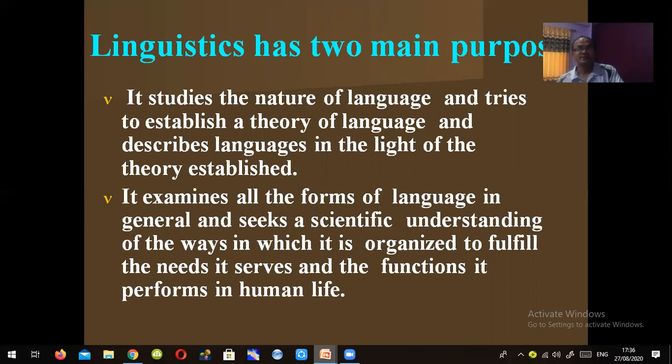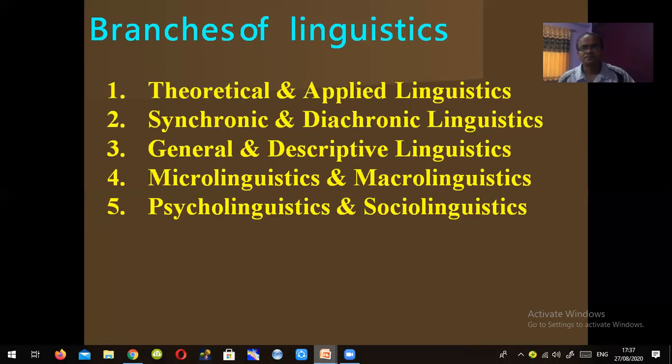Language has certain functions, as we discussed earlier as well. So we relate linguistic theory with human life. This is another function of linguistics.